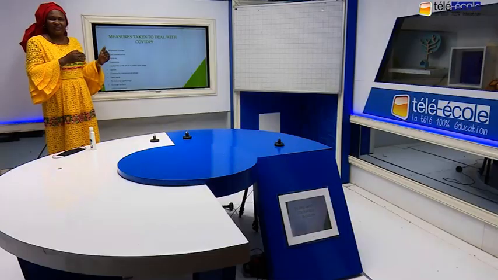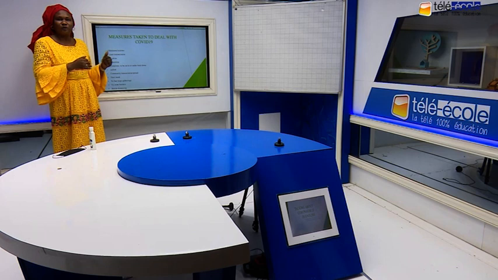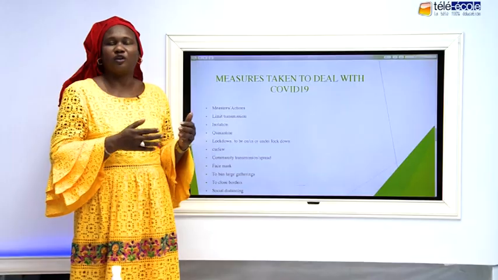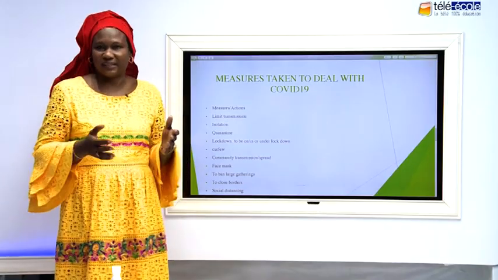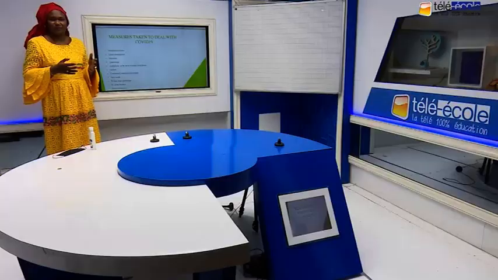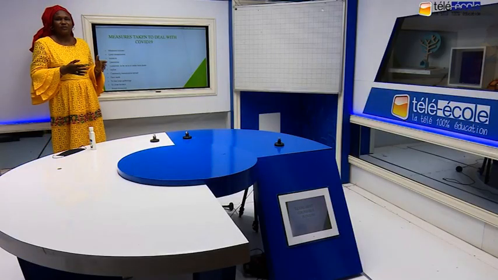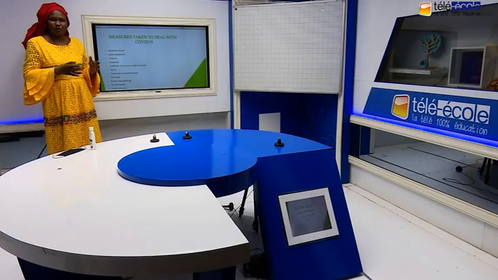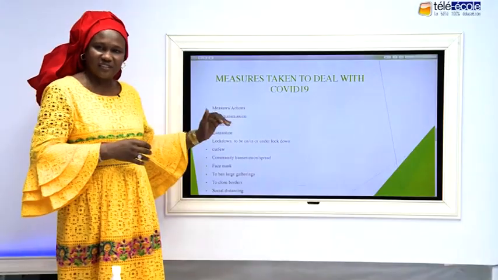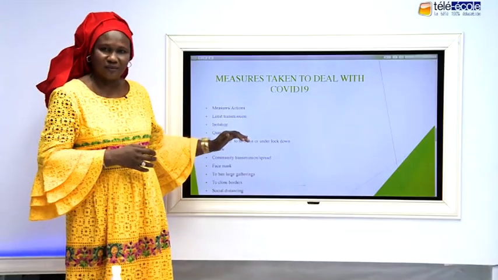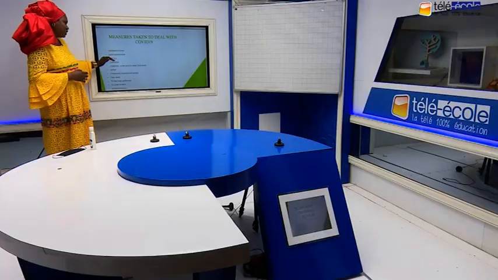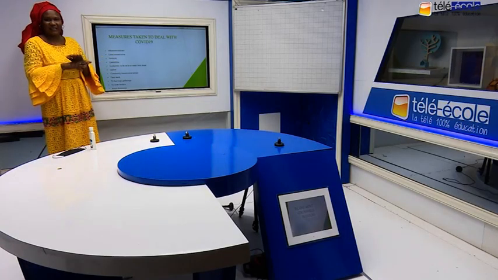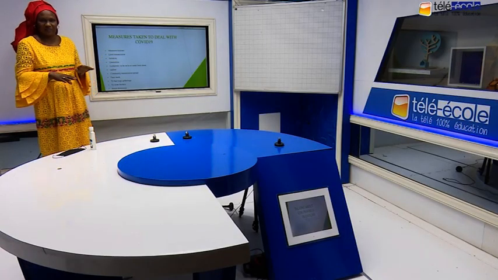In Senegal, people were put in quarantine for 14 days to check if you develop the virus or not. At this stage, you are not ill. But for isolation, you are ill. You tested positive.